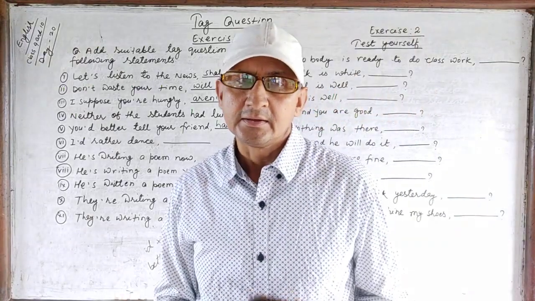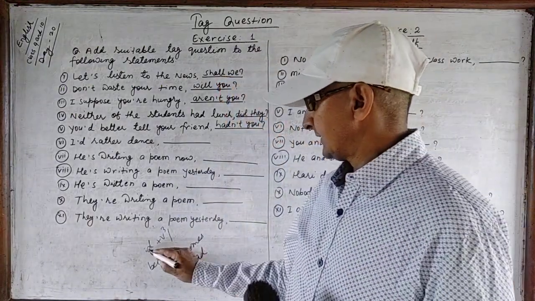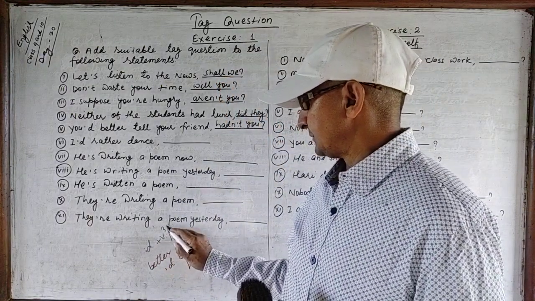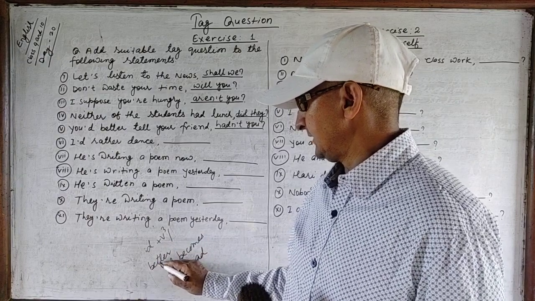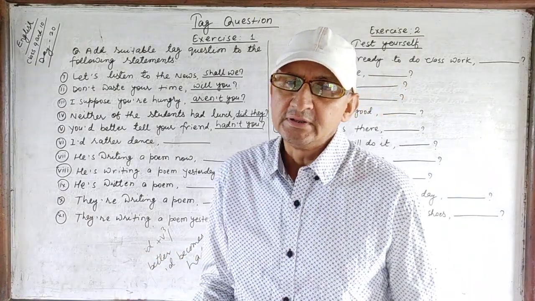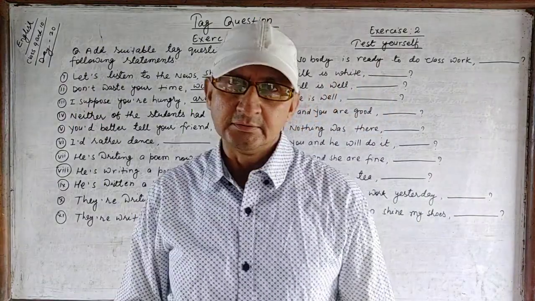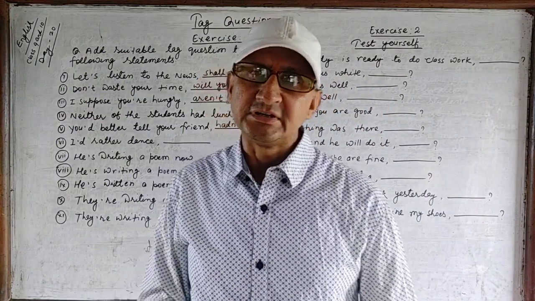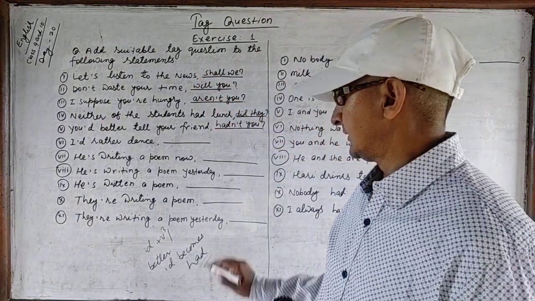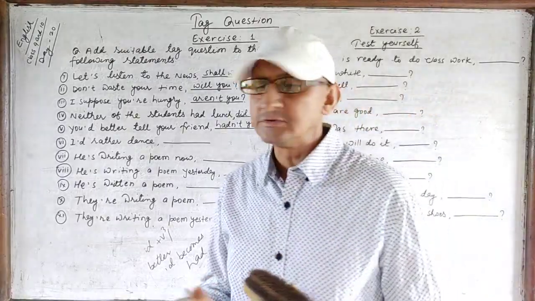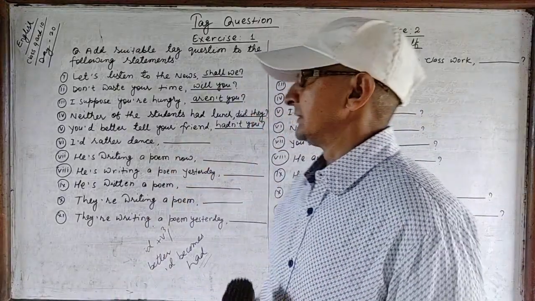Clear? If there is apostrophe D plus V3 or better, the apostrophe D becomes had. So we use had in the tag.